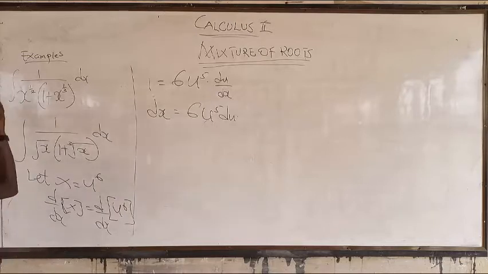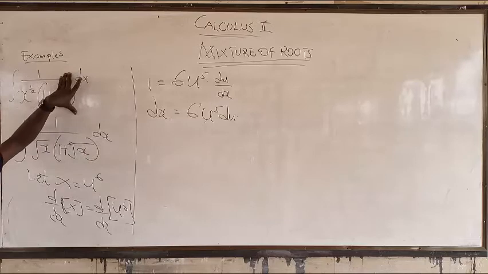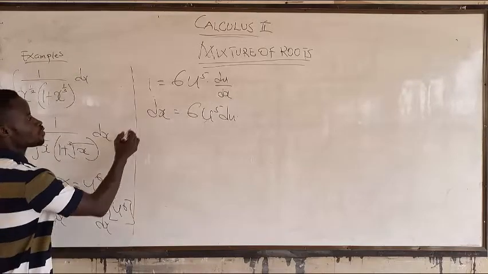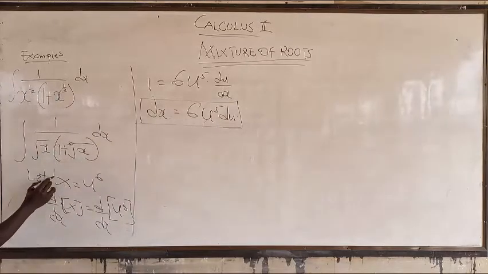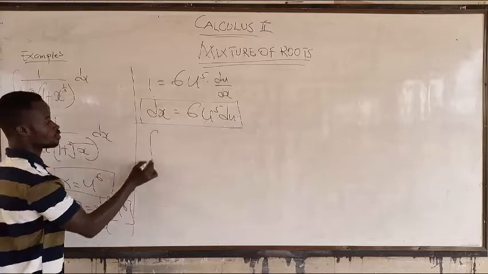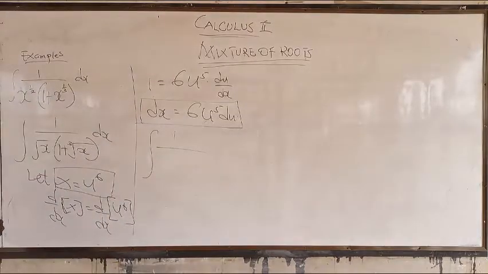Alright. You can do the substitution here or here, but I would like to use this one. Okay. Very good. So we are doing the substitution of this and this. So we have integral of 1 over here.